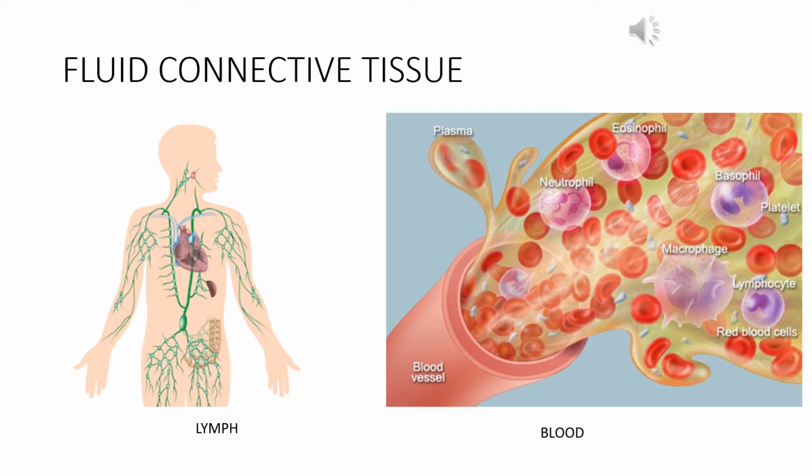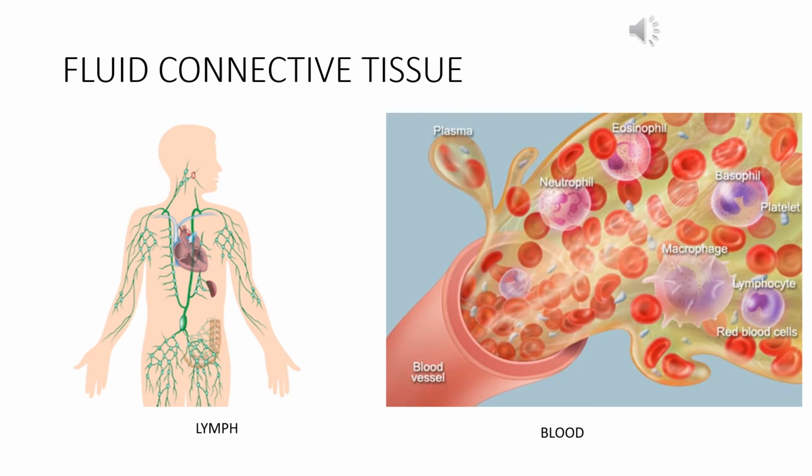We know different types of blood cells like RBC, WBC, platelets, etc. Neutrophil, eosinophil, basophil, macrophage, lymphocyte that you are seeing in the picture are different types of WBCs. So the plasma and the dissolved proteins and the different types of blood cells make up the first kind of fluid connective tissue, that is blood.